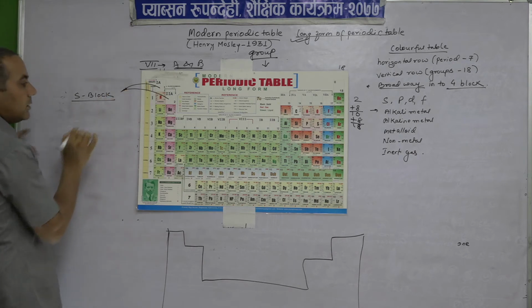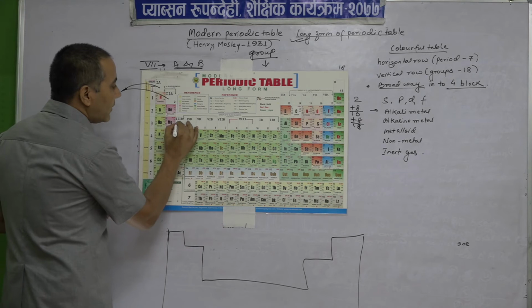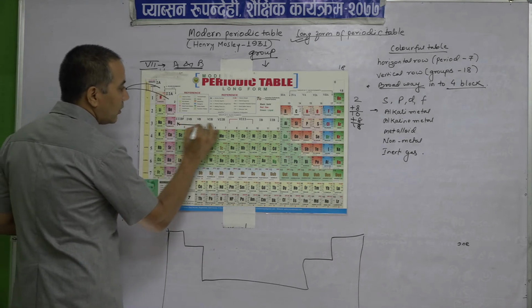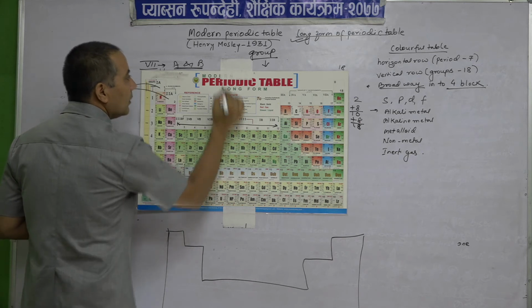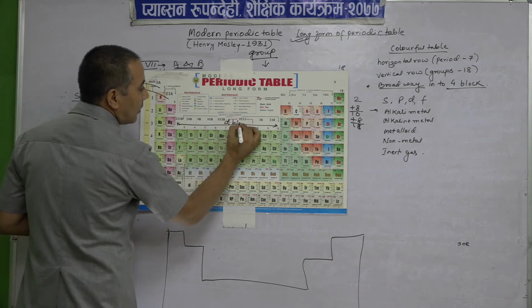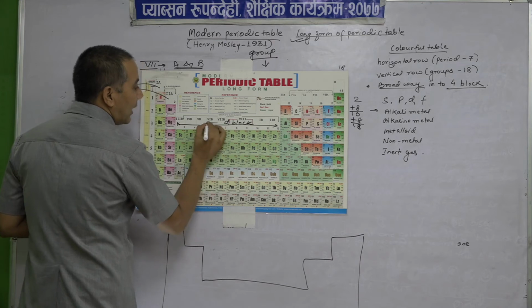These are S block, and from 3B to 2B are D block elements.